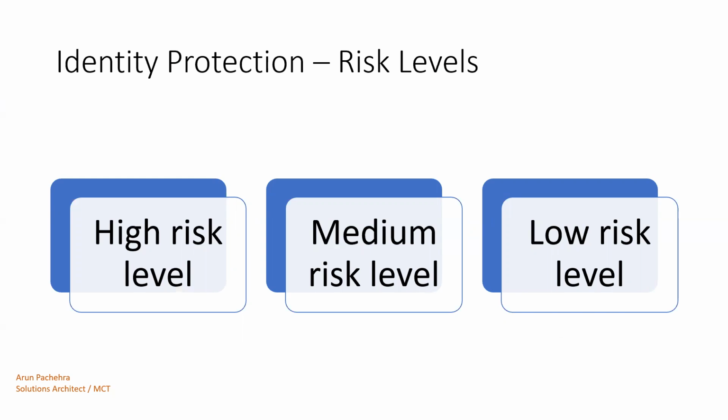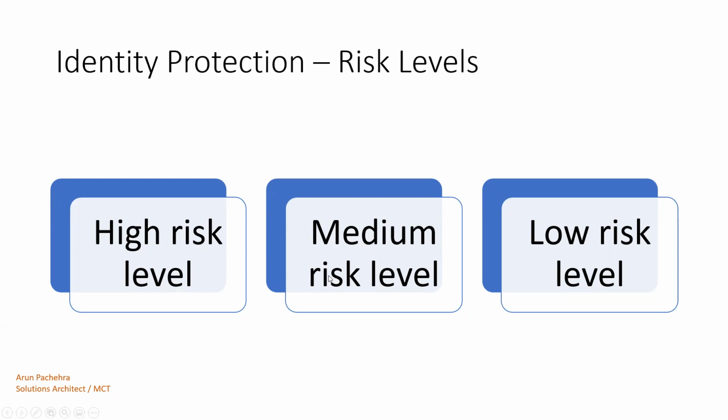Identity Protection categorizes risks into 3 levels: low, medium, and high. You can think of the risk level as a confidence indicator that the user or sign-in has been compromised. All right, so high level means there is a strong indicator that the user's identity has been compromised, and any user account impacted should be remediated immediately.